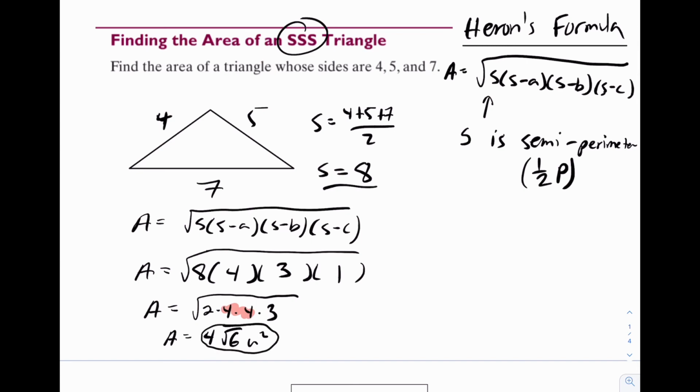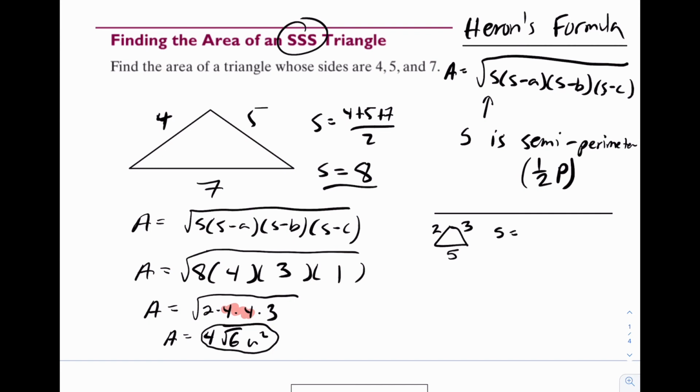Now the one thing to know about this formula, what's interesting about it is notice there's a root. So it is possible that if you were to try this formula, and let's say we were to try it with these legs, 2, 3, and 5. Let's actually try it.